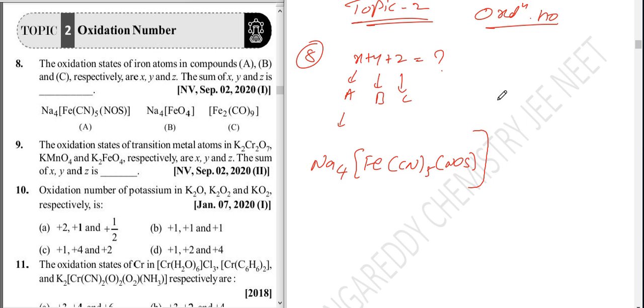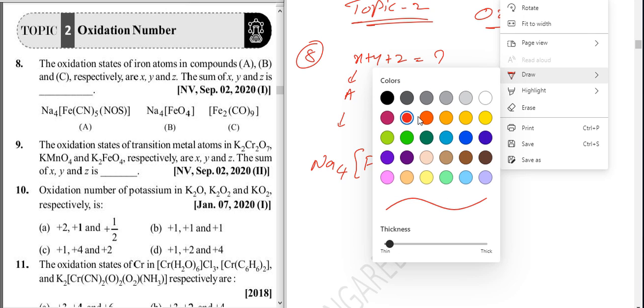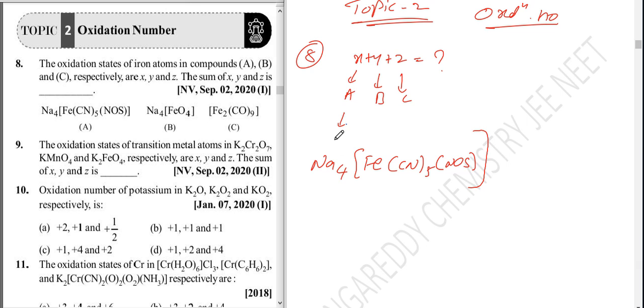Now the oxidation number. This total is plus 4, so above the bracket it will be minus 4. We don't know this X, but cyanide is minus 1, then NOS is minus 1, total minus 5 minus 1, minus 6. Minus 6 means iron will be plus 2 here.